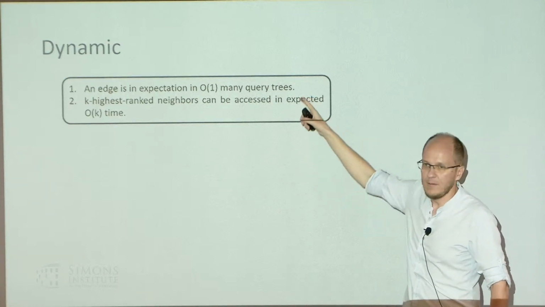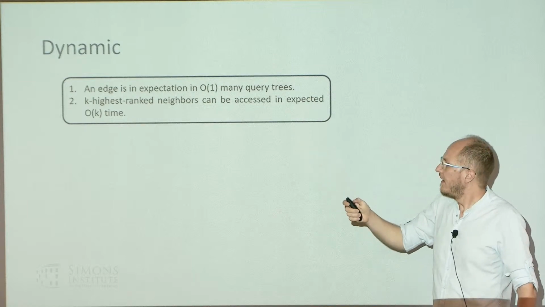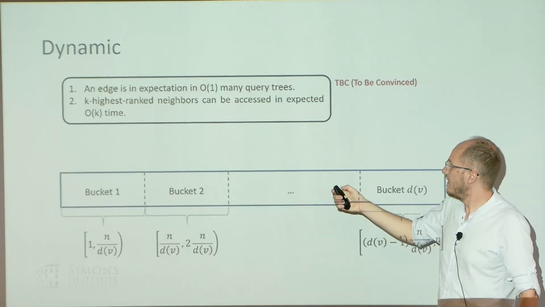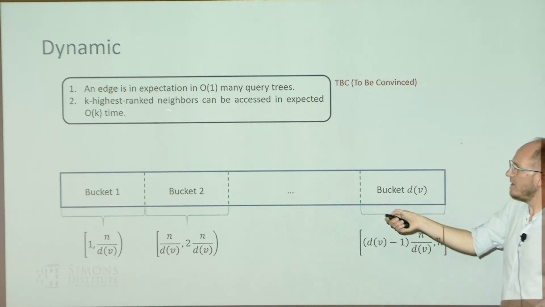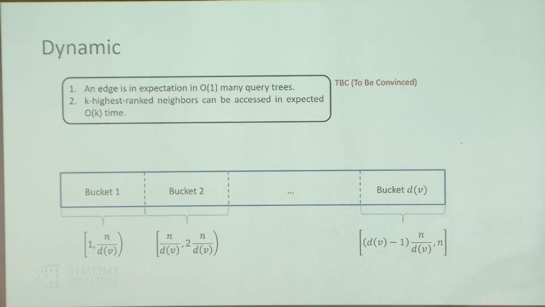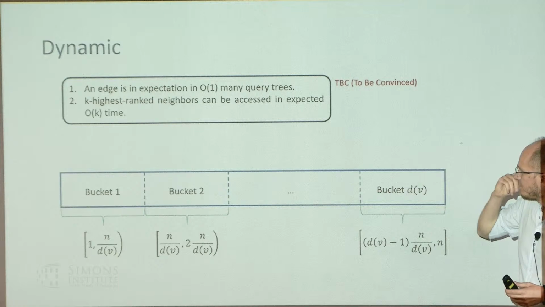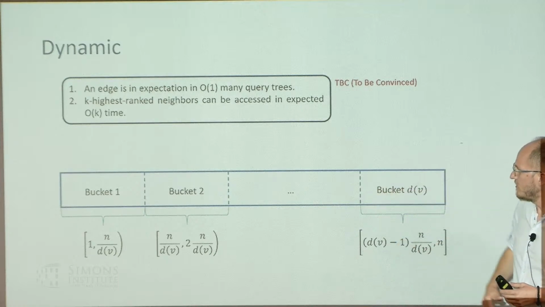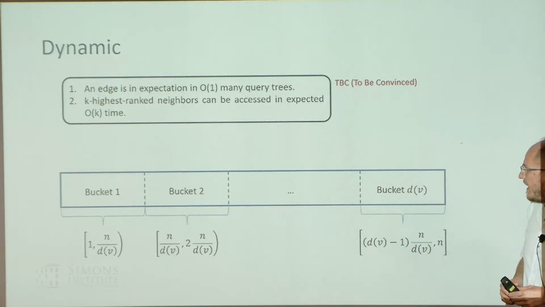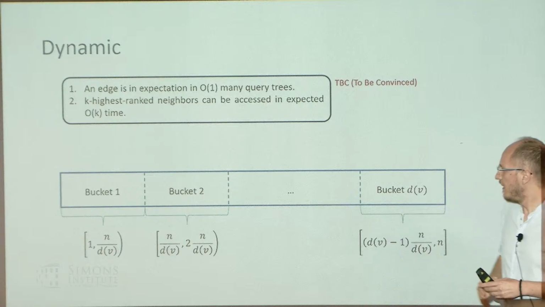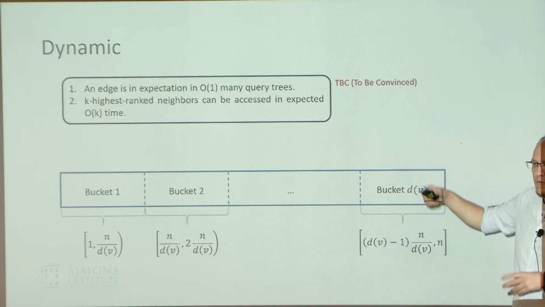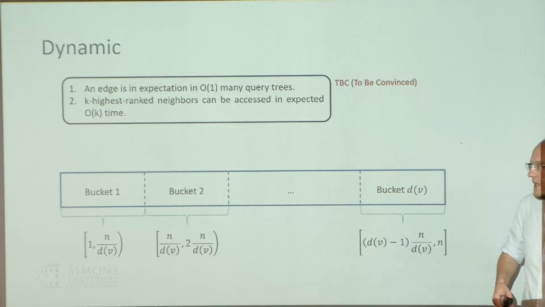And this really helps in the dynamic setting. And the second thing that you need in dynamic is to be able to learn what your k highest neighbors are. And it's also not difficult. There might even be some off-the-shelf data structures which we simply didn't find. But it's not difficult, given that the permutation you're looking at is a random permutation of the vertices.